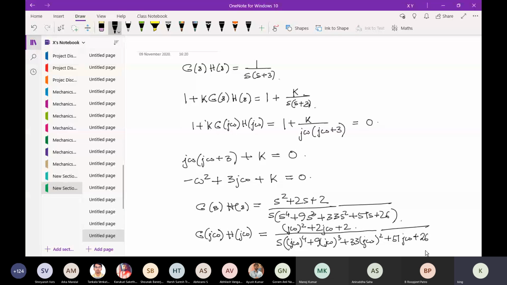So in this case, we will have to use the Routh criteria to figure out where the crossings occur. We have already seen how the Routh criteria can be used for finding out when we have roots on the imaginary axis.